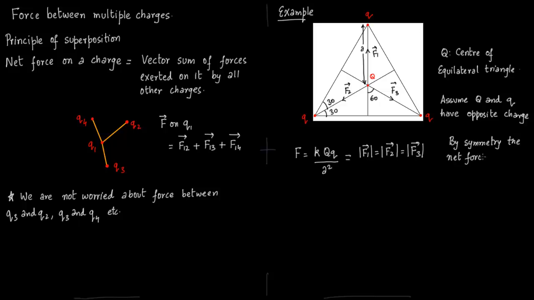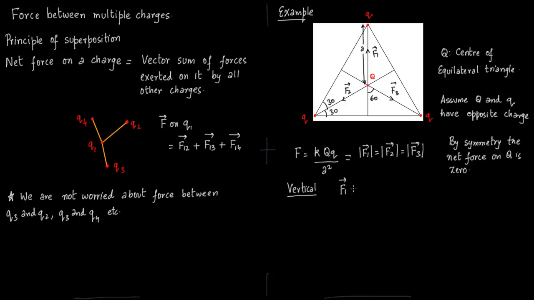So the angle between all three forces is the same and their magnitude is the same. So by symmetry the net force acting would be 0. But let us now solve this and show it more concretely. You could have stopped the problem here, but we will fully solve it.